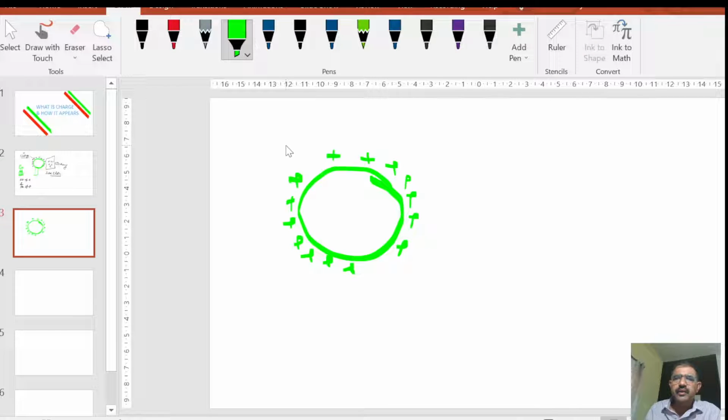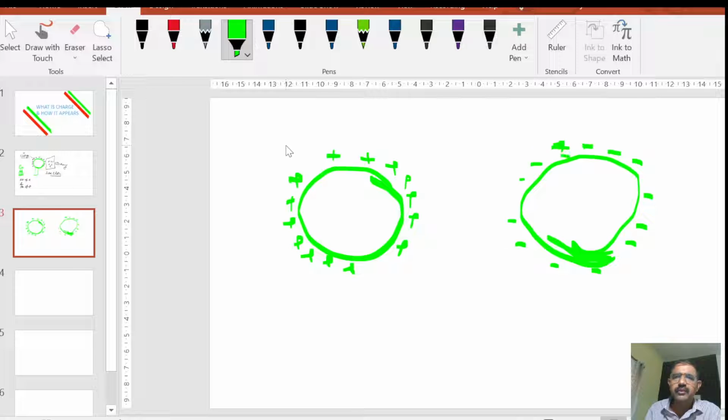Similarly, if I took a sphere and I charge it negative, that is also possible by rubbing another metallic sphere with some other materials, it may acquire negative charge also. So it is negative charge.